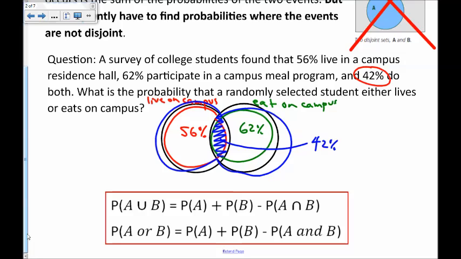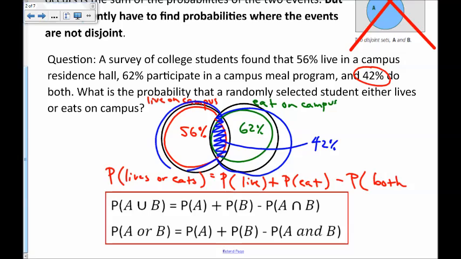So using this formula, which is the general addition formula, the probability that a student lives or eats equals the probability that they live on campus plus the probability they eat on campus minus the probability that they do both.